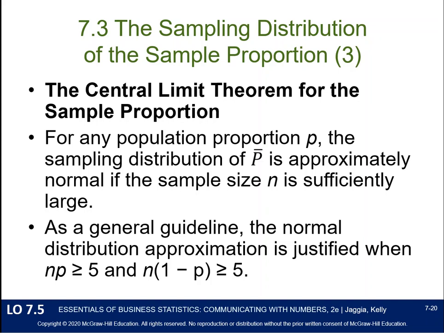What this means is we sometimes might need larger sample sizes, especially as the proportions we're seeking get farther and farther away from 0.5. The more extreme, the more we're looking for the edges, the larger the sample sizes we're going to need.